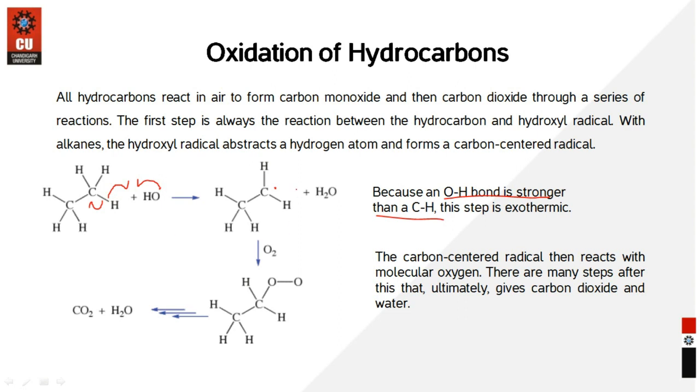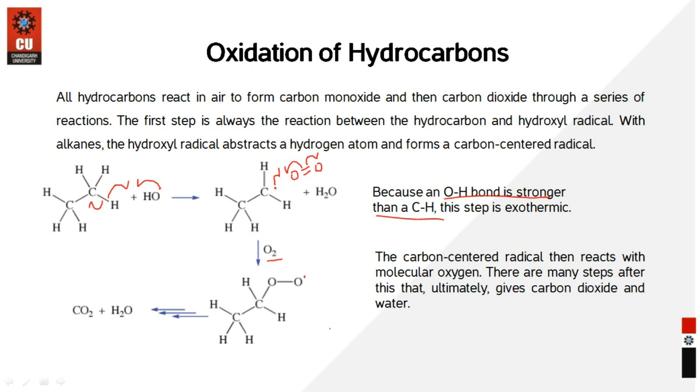Now I have an oxygen molecule in between. This oxygen joins on this side and opens up on the other side, and I get a radical at this position. So in this way the oxygen is inserted.